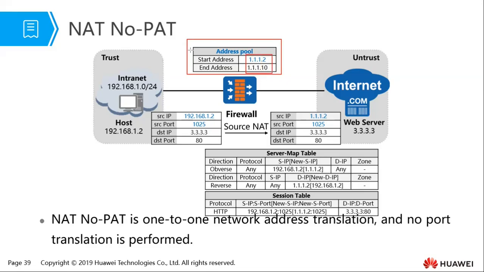For example, here the start address is 1.1.1.2 up to 1.1.1.10. Normally the ISP will give you a number of continuous public addresses depending on your demand to make configuration and follow-up easy. So here we have, I think, 9 addresses from 2 to 10. Is it 9 or 8? 8, I think.